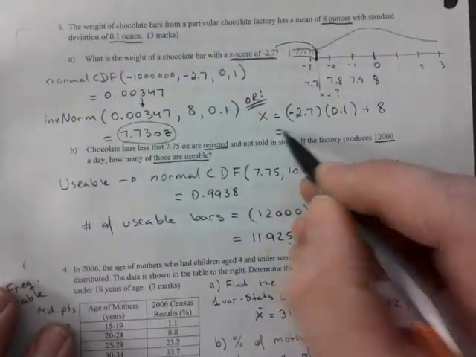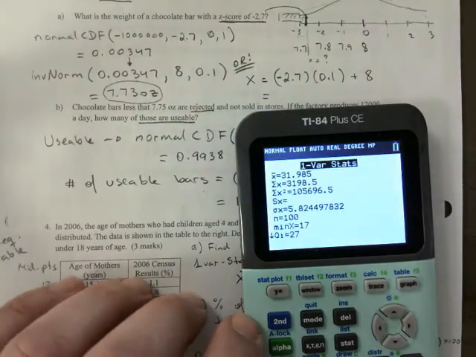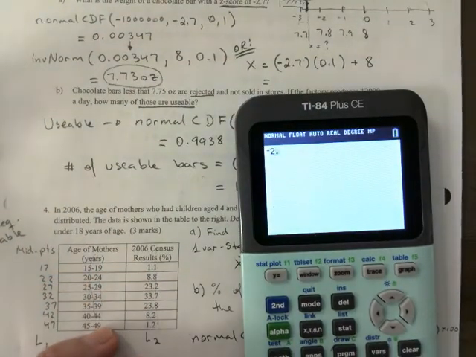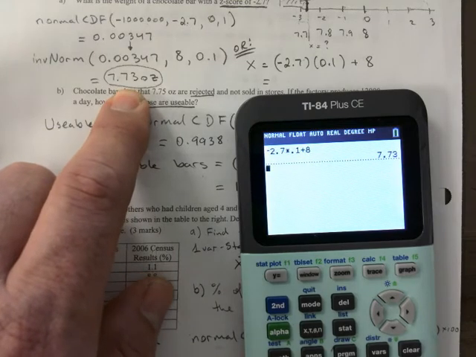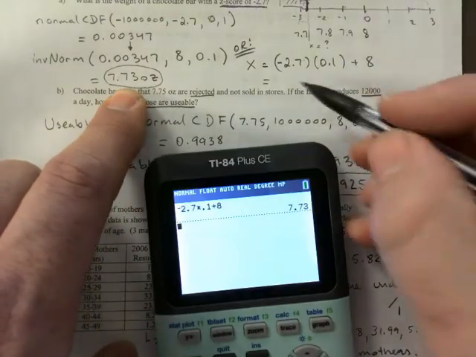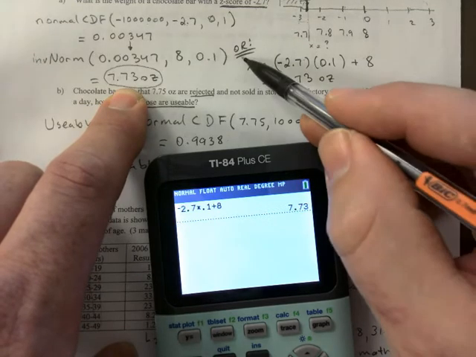And your calculator is really good at doing this. It should have no issues with you typing it in one shot. You go negative 2.7 times 0.1 plus 8. I hope it's 7.73. Phew. It is. Otherwise, everything would have been wrong, right? So it's the same.